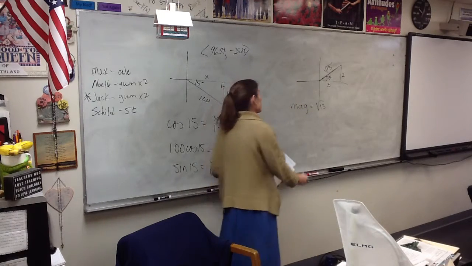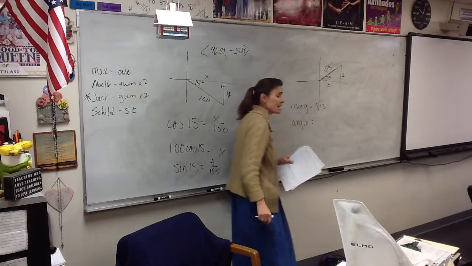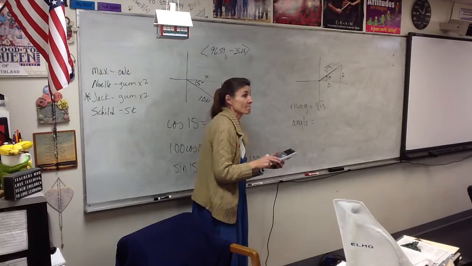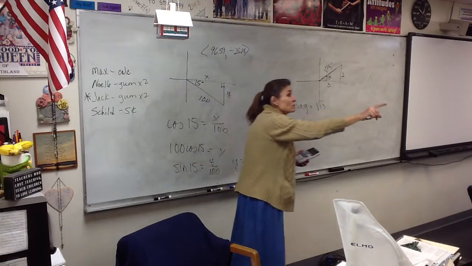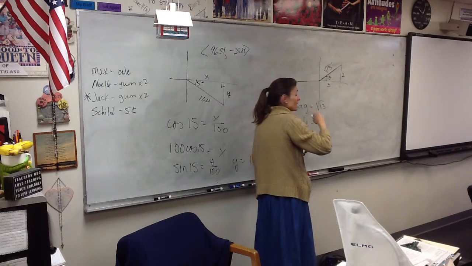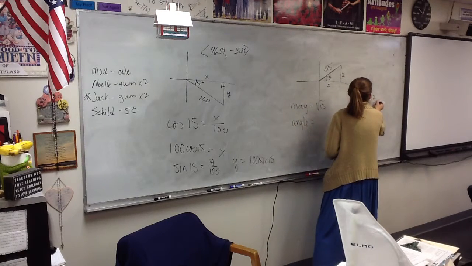Now what about the direction angle? Well, that's the theta that I have marked there. Any ideas how we'll find that? I use my second buttons, and I'd rather not mess with the radical, so I'm going to say the tangent of that angle is 2/3.